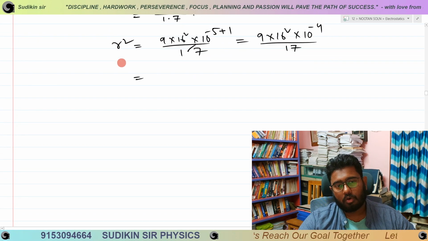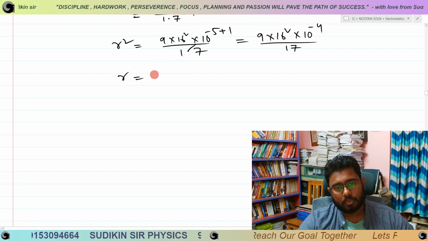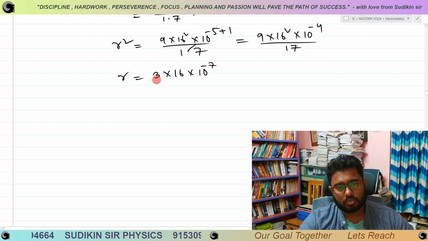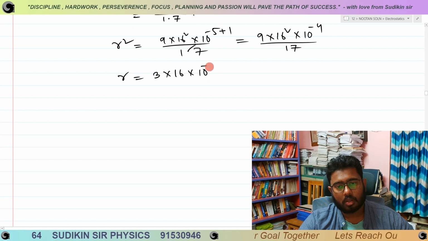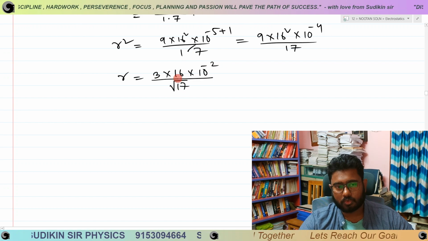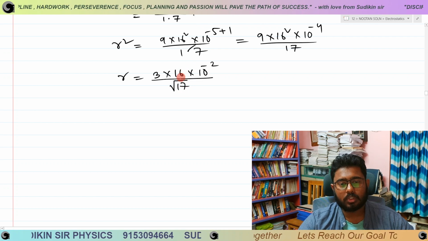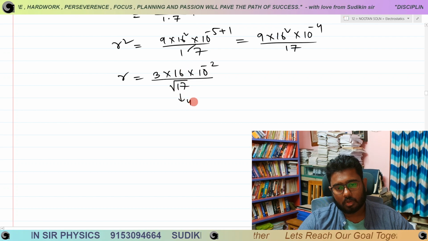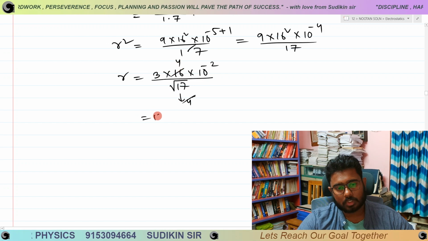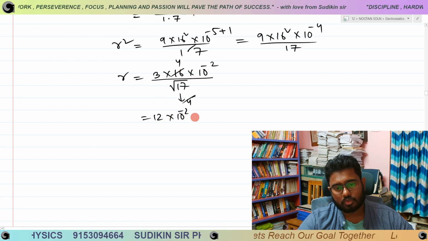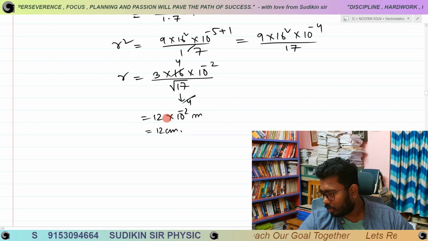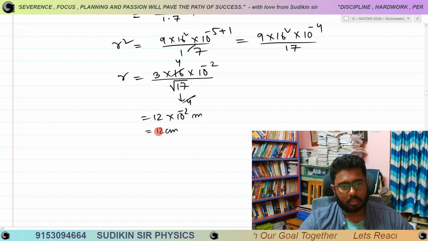On taking the root, we get 3 into 1.6 into 10 to the power minus 2 divided by root over 17. Approximately root over 17 is 4. By approximation, this will come out as 3 into 4, that is 12 into 10 to the power minus 2 meter. That will be 12 centimeter. Yeah, this is approximate.